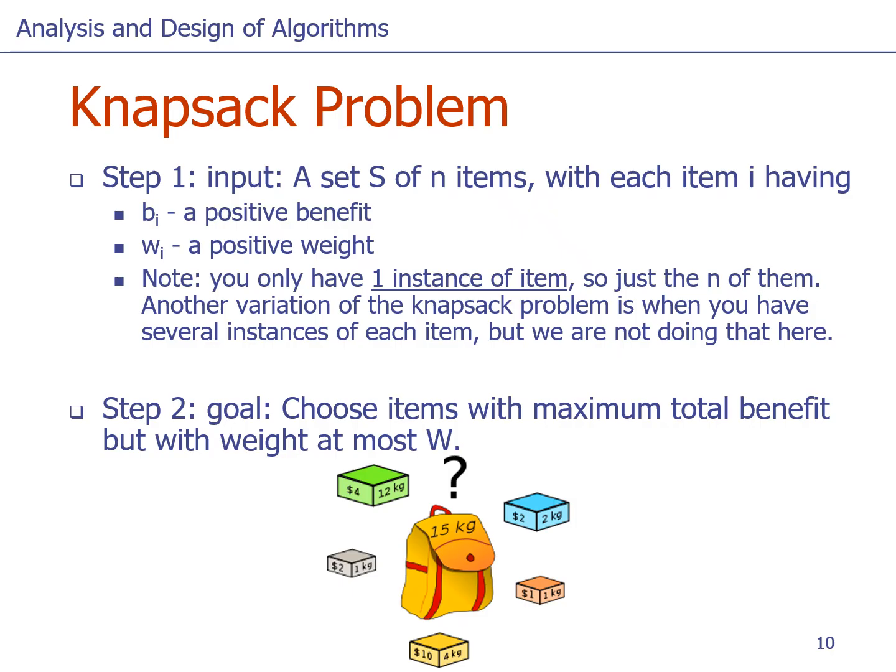So here I'm working with the version that is unique, in the sense that I have a fixed set of inputs I'm going to work with, okay? And in the other variation, you have unlimited supply of inputs, okay? So it's not a set of n items, it's going to be a set of an infinite number of items, okay?